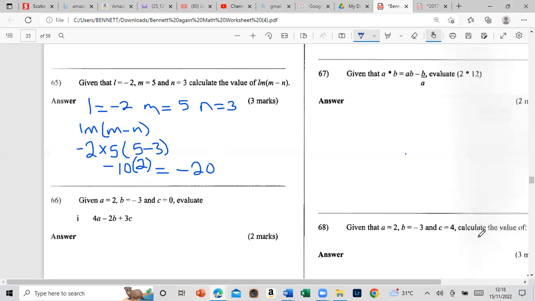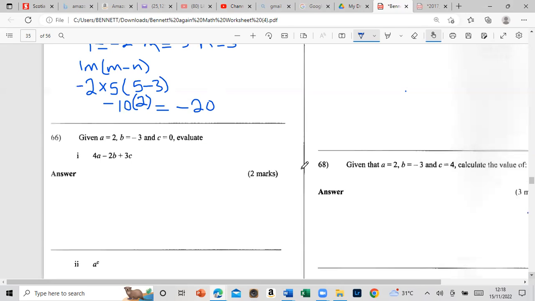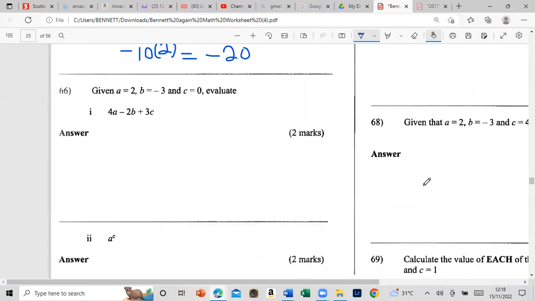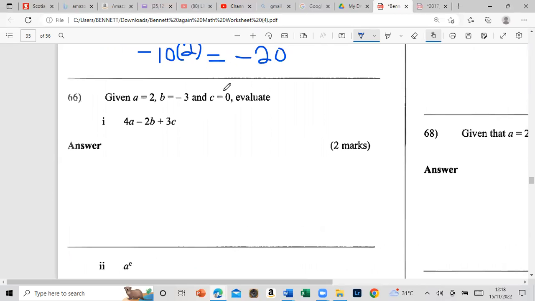Okay, let's move on to number 6. Alright, so it says, given that A is equal to 2, so notice that the values change. B is equal to -3, and C is equal to 0. Evaluate 4A minus 2B plus 3C.